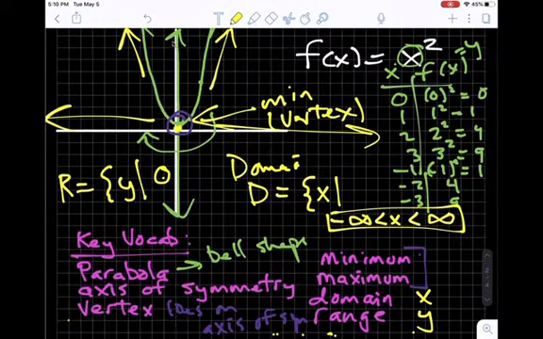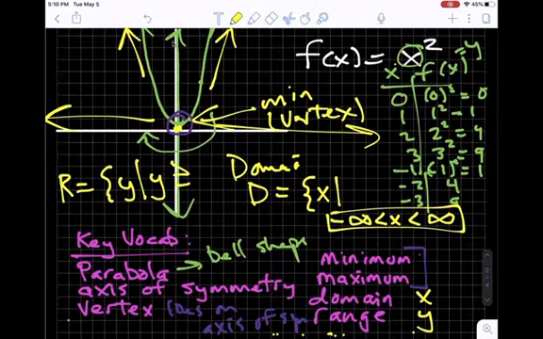So y is greater than or equal to 0, and that's your range.